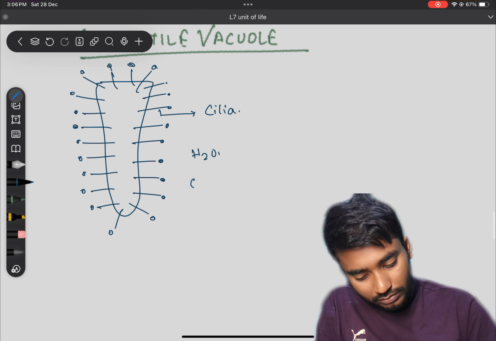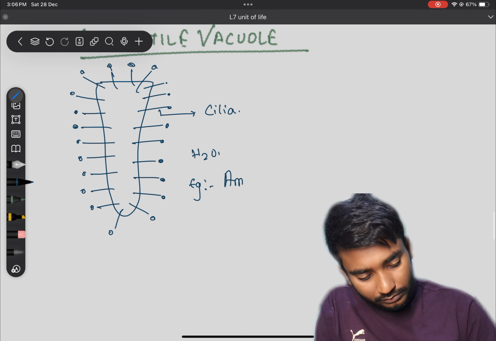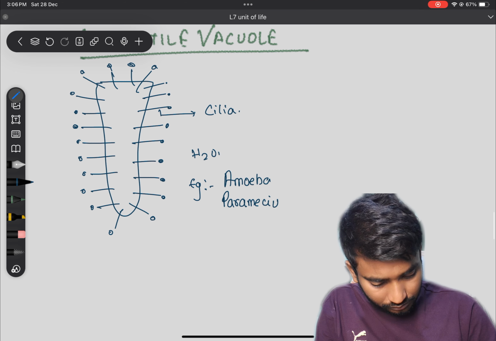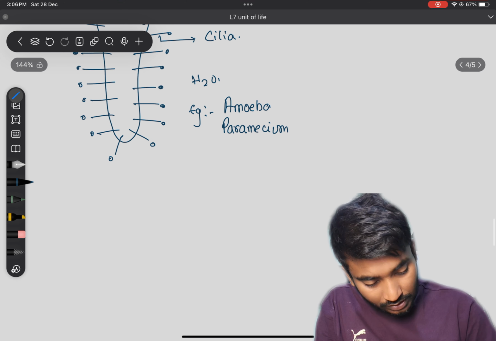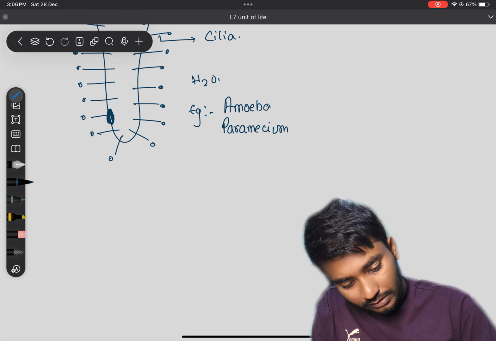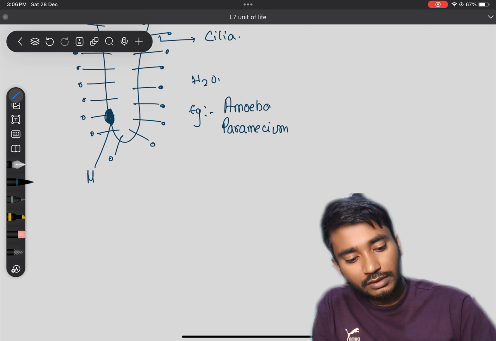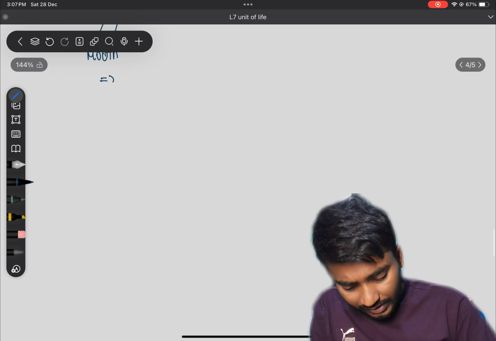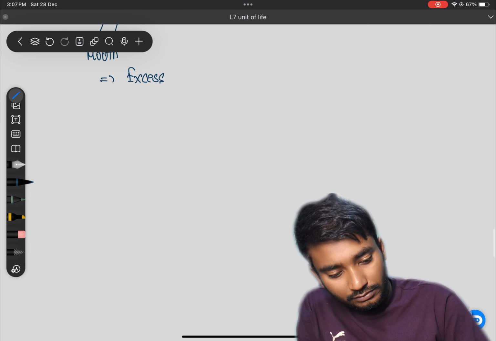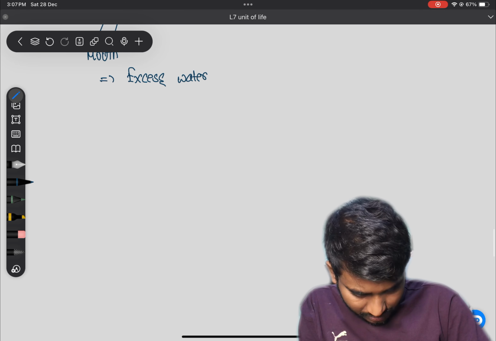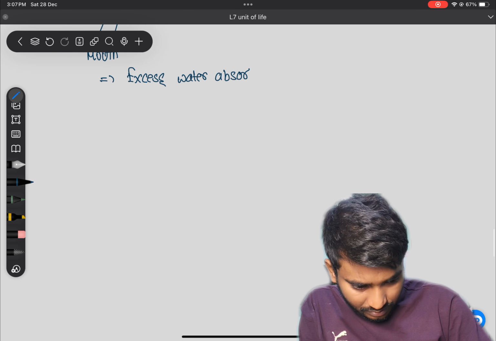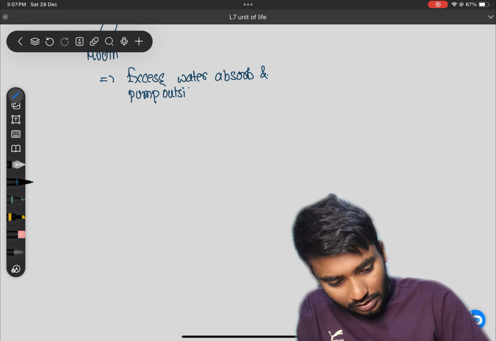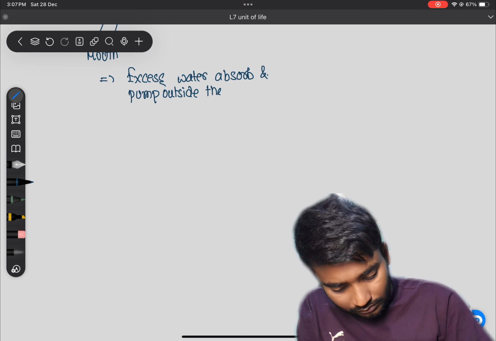Examples are amoeba and paramecium. Here it is the mouth. Excess water is absorbed and pumped outside the body.